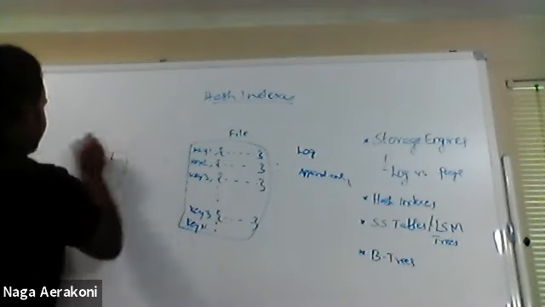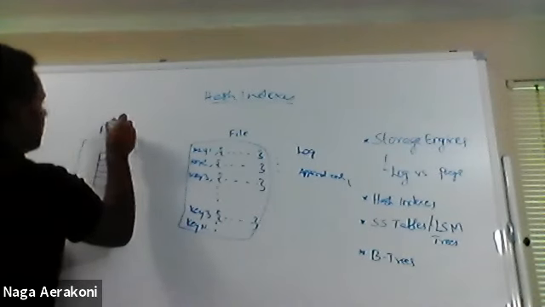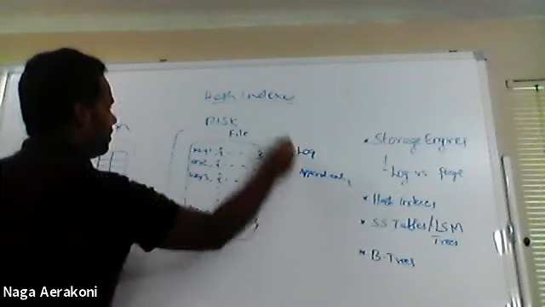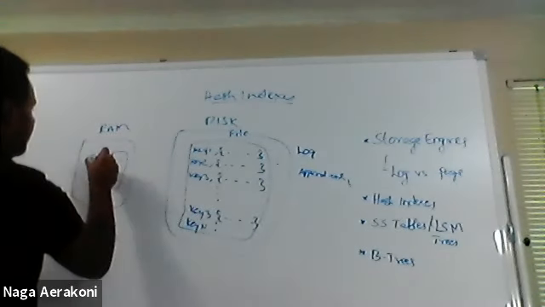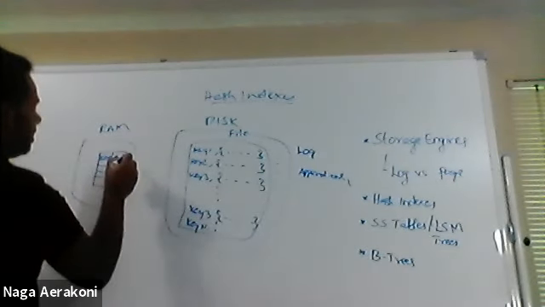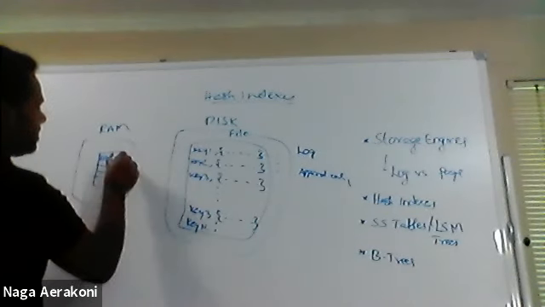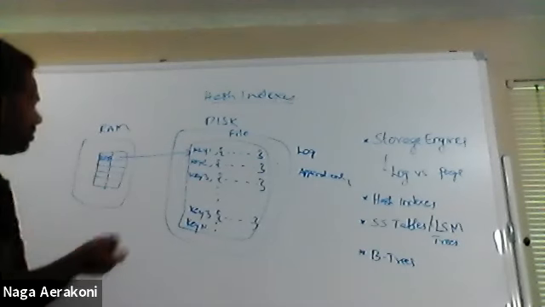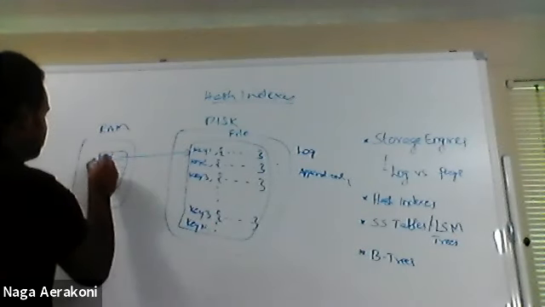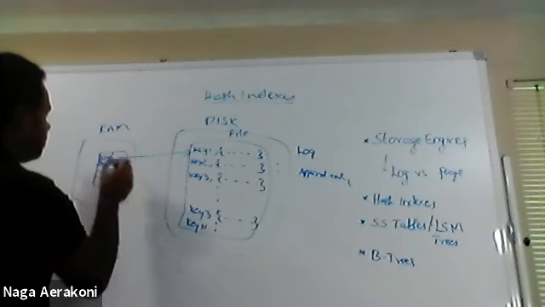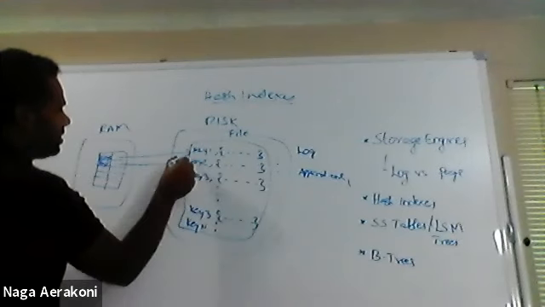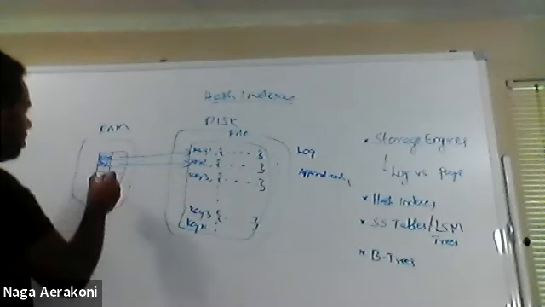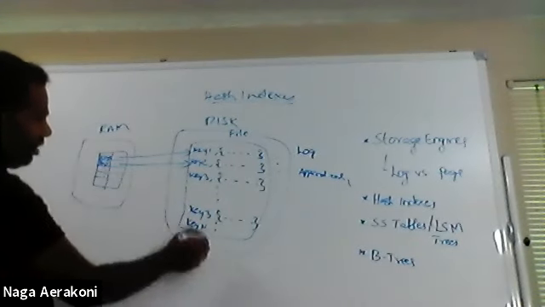Let's treat this as RAM and this as a disk. In RAM I'll have key 1, and we insert a pointer to where the key 1 record is stored. We also store key 2 with a pointer to key 2, and so on for all keys in the file.